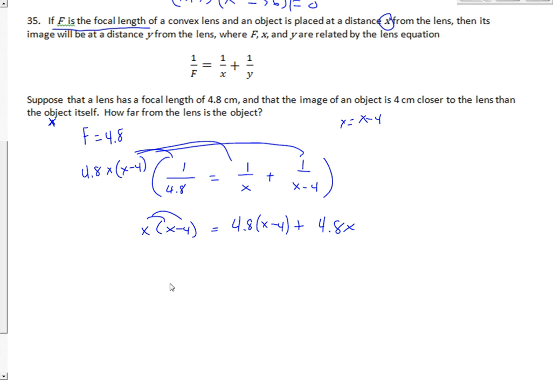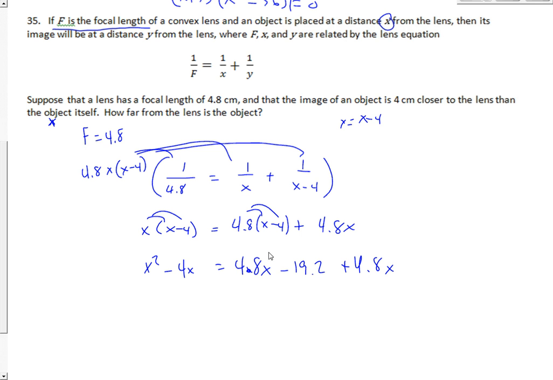Now I need to distribute, simplify, set it equal to 0. So I get x squared minus 4x equals 4.8x minus 4.8 times 4 is 19.2 plus 4.8x.